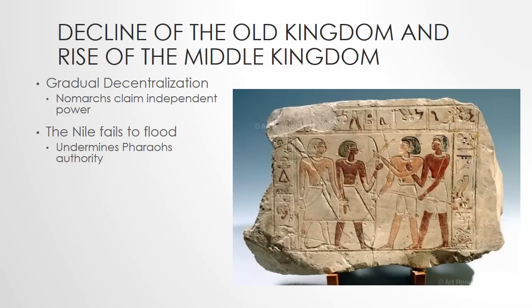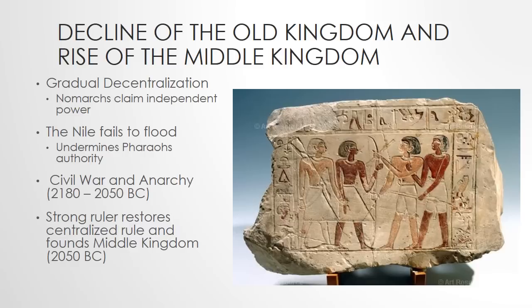So if he can't cause the flood to happen, that means that he doesn't deserve to rule over Egypt. This leads to a long period of civil war and anarchy, sometimes known as the Intermediate Period. But basically, Egyptian society breaks down and things are pretty terrible for a while. But around 2050 BC, strong rulers reappear and they bring about centralized rule once again and found the Middle Kingdom.